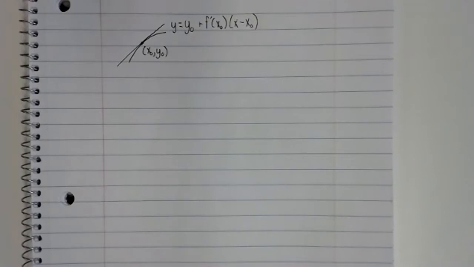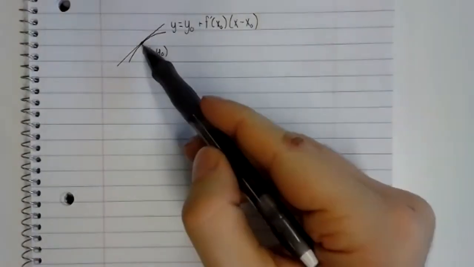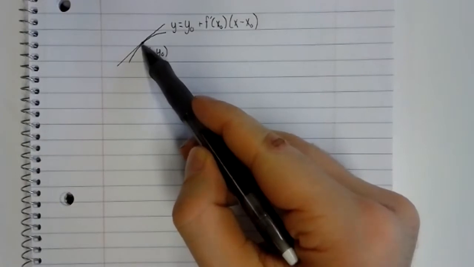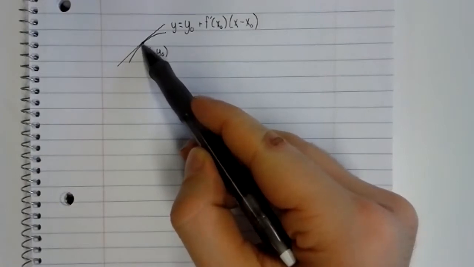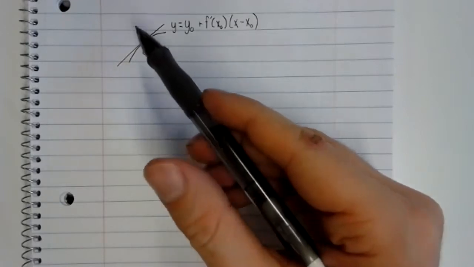Tangent lines can be used to approximate functions. You see that near this point, we cannot visually distinguish the line from the curve.